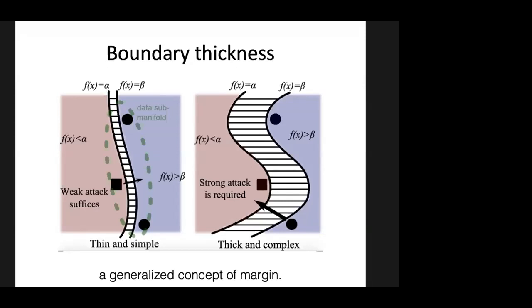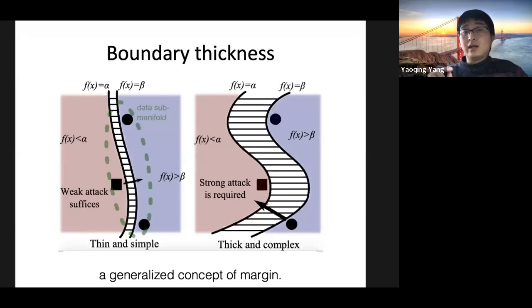Yes. Then what will be the output when the point is in the white space? That would be within the interval alpha and beta, so it will be smaller than beta and bigger than alpha.